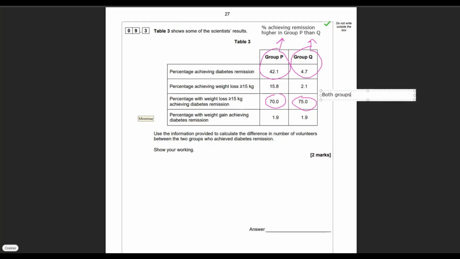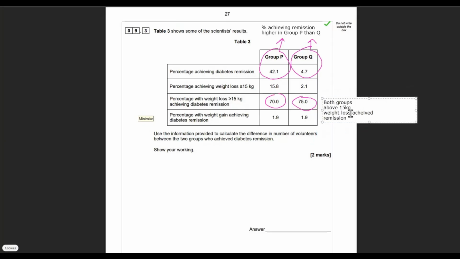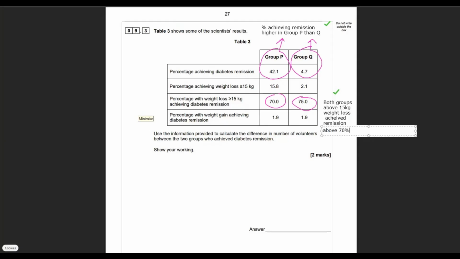And it seems even for both groups, it proves that weight loss is heavily linked to remission, because even in the group that went on the weight loss program, if they lost weight, and only 2.1% lost weight, 75% of those people who lost weight achieved diabetes remission. So it's not just about following the weight loss program, just losing weight above 15 kilos seems to put your diabetes in remission. So these are all good things towards this experiment. These are good things in our evaluation.